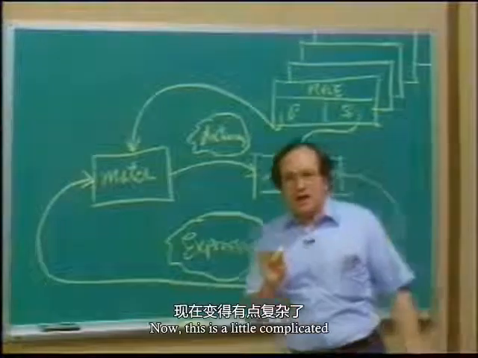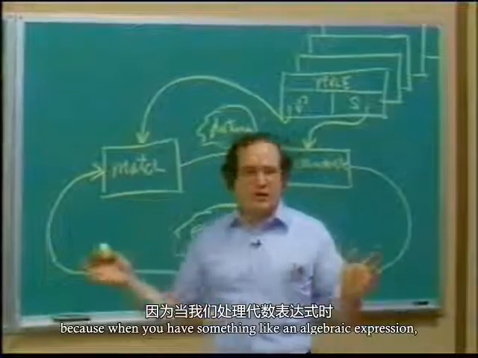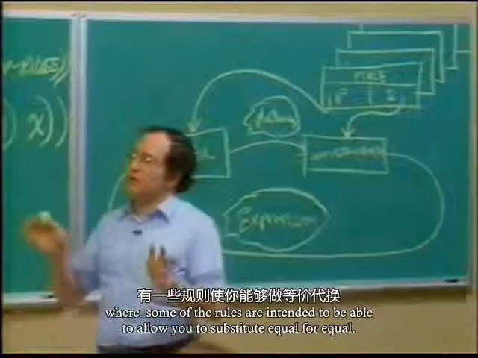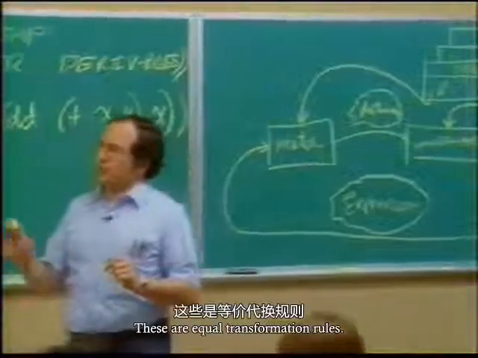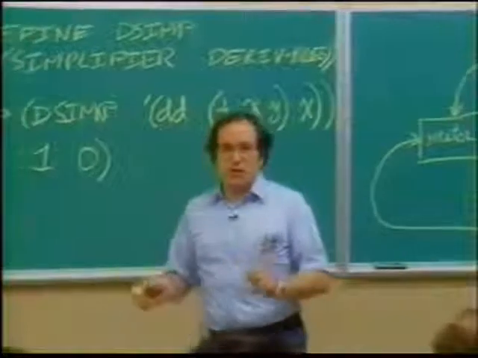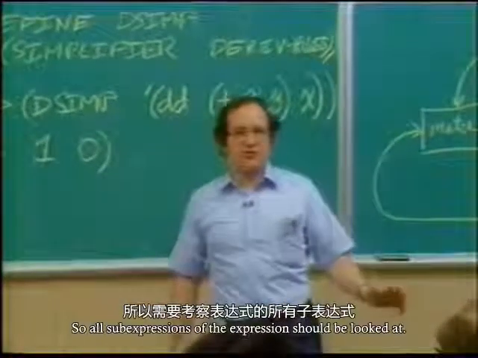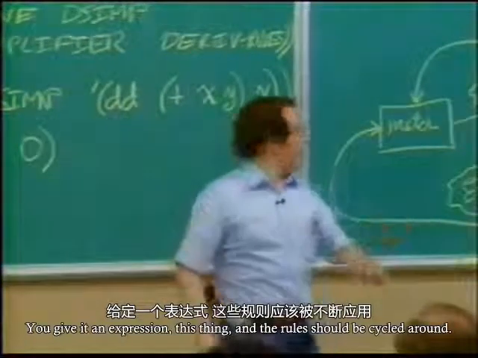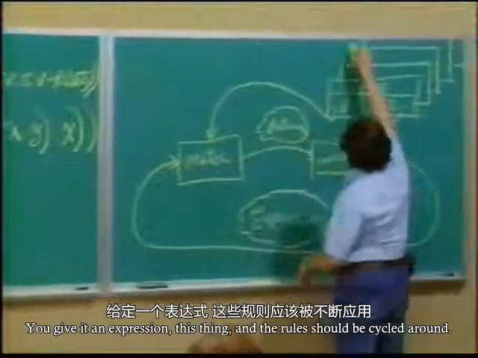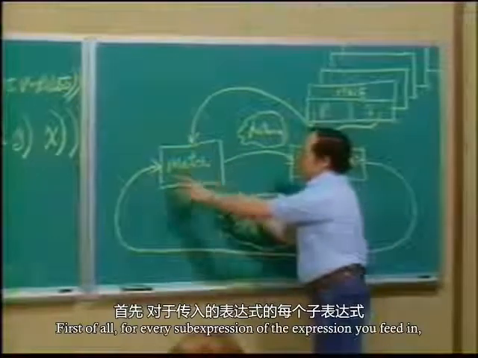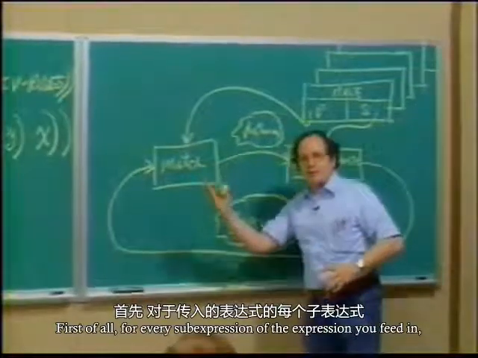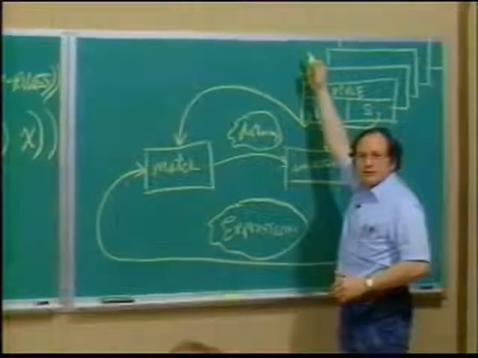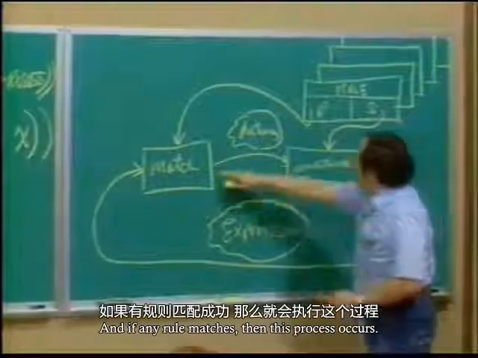Now, this is a little complicated, because when you have something like an algebraic expression, the rules are intended to allow you to substitute equals for equals. These are equal transformation rules. So all subexpressions of the expression should be looked at. You give it an expression, and the rules should be cycled around, first of all, for every subexpression of the expression you feed in. All of the rules must be tried and looked at. And if any rule matches, then this process occurs.